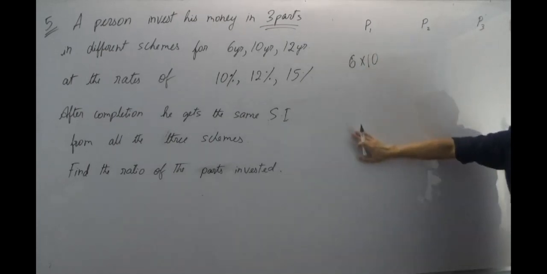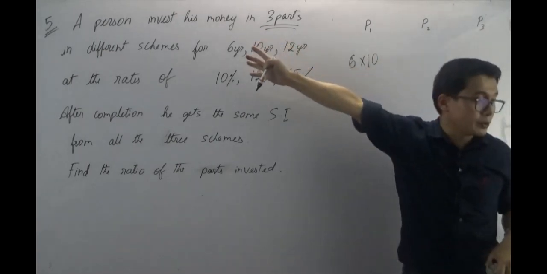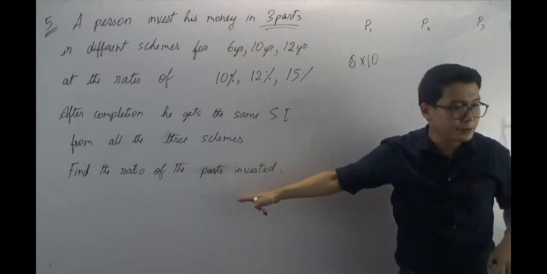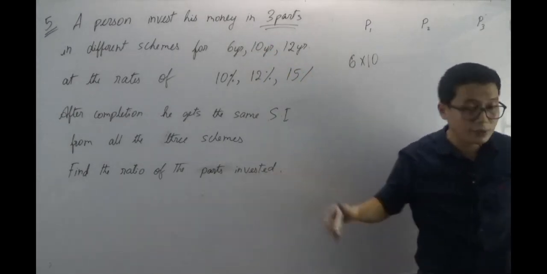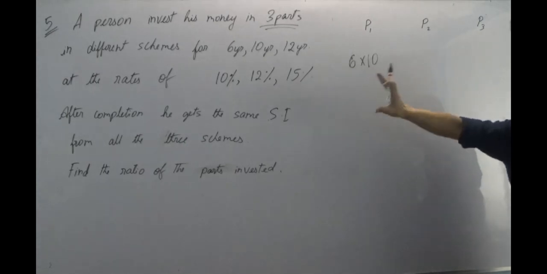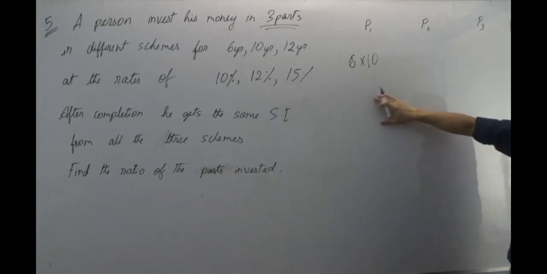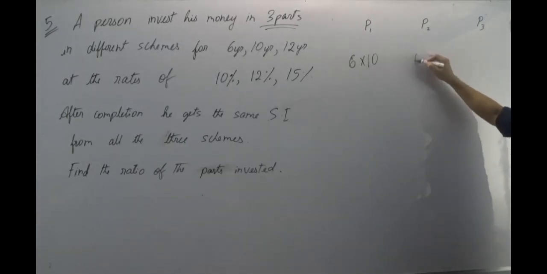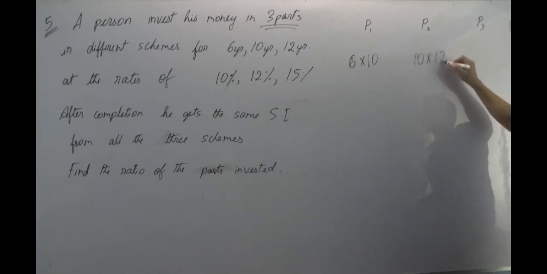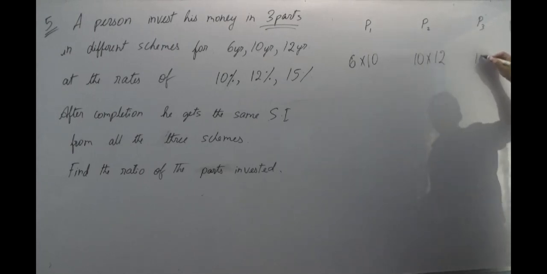The conceptual understanding remains the same. Second is 10 years at 12%, and third is 12 years at 15%.